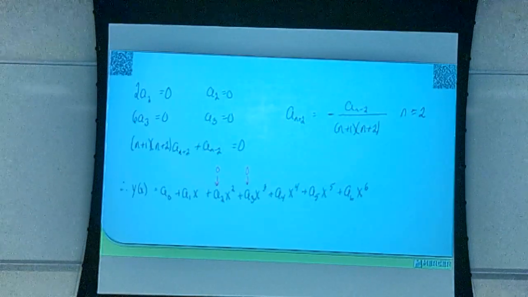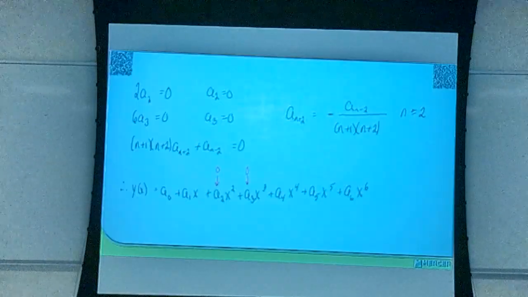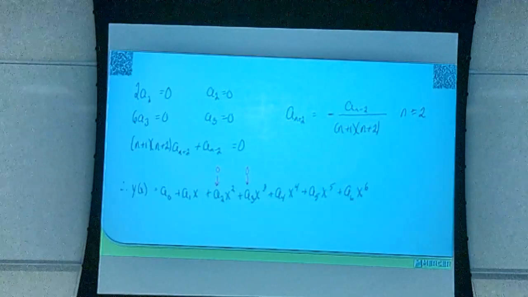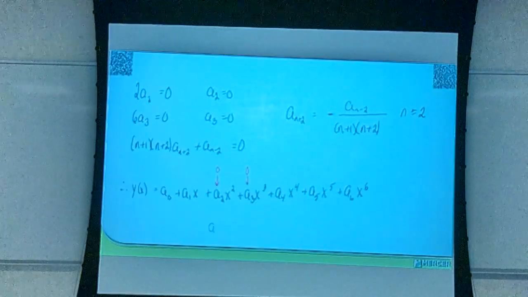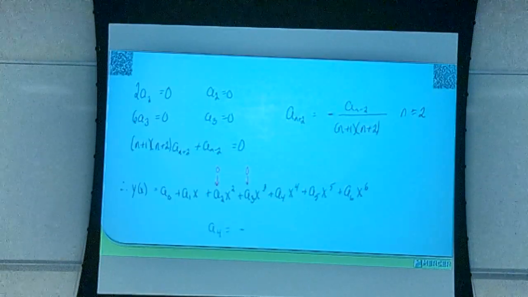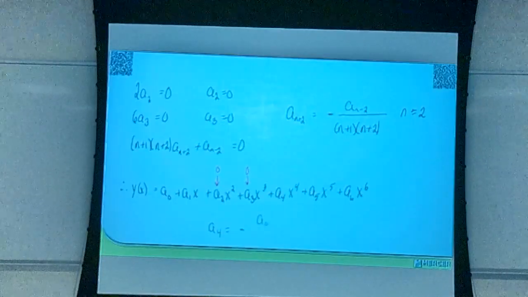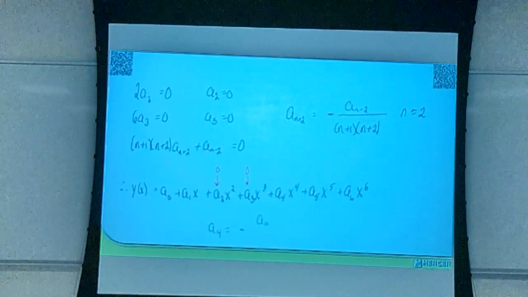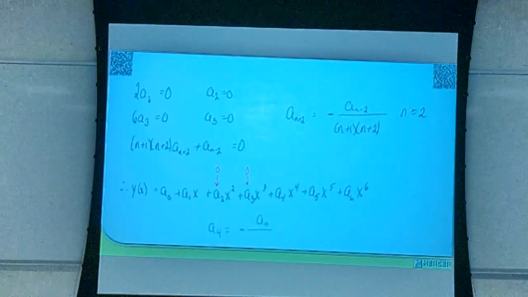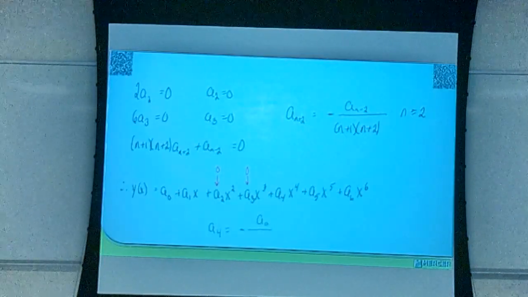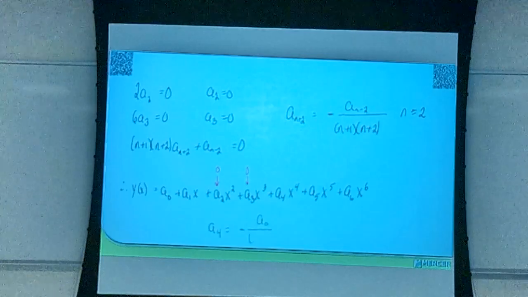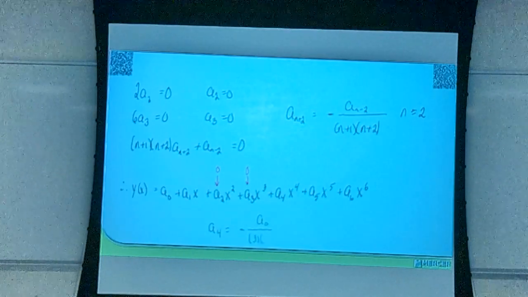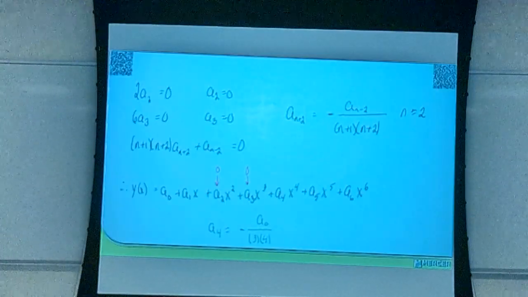A4 is when n equals 2. So let's do that. A sub 2 minus 2, right? A naught over 2 plus 1 is 3. And 2 plus 2 is 4.